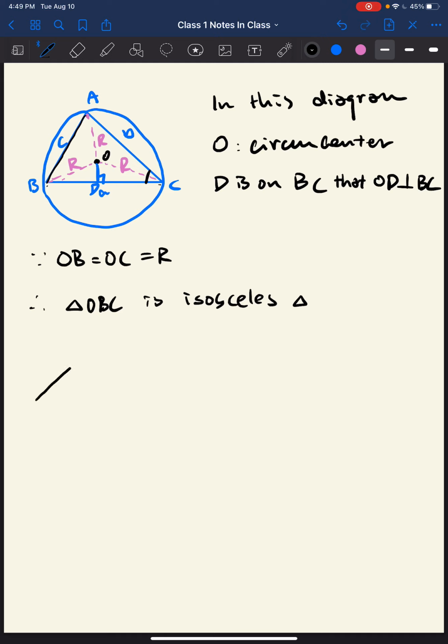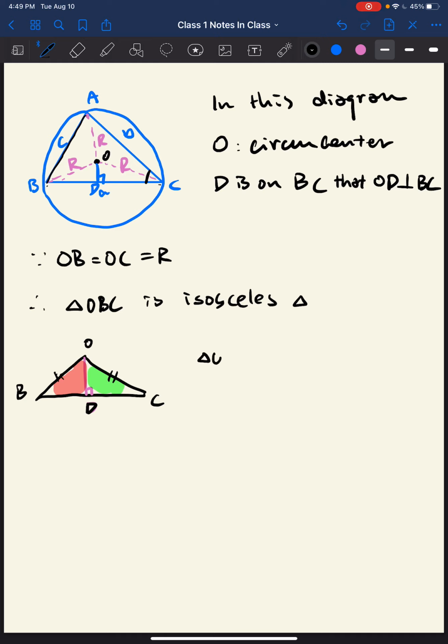Therefore, if we just take this triangle out and then draw a 90-degree line here, it is pretty easy to see that the red triangle and the green triangle are exactly the same. Sorry, I forgot to write D. It's just like you flip triangle ODB to the right side and it becomes ODC, because these two lengths are the same.